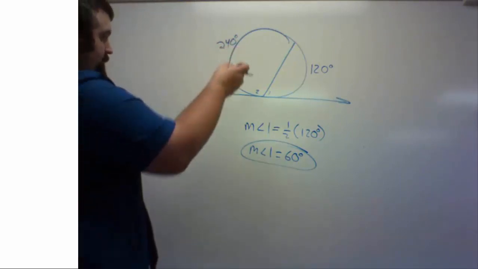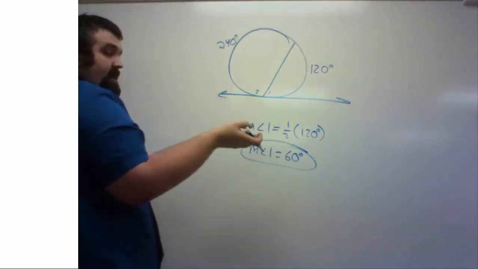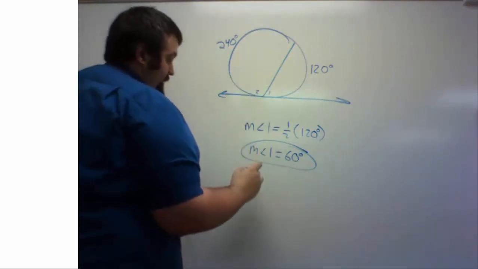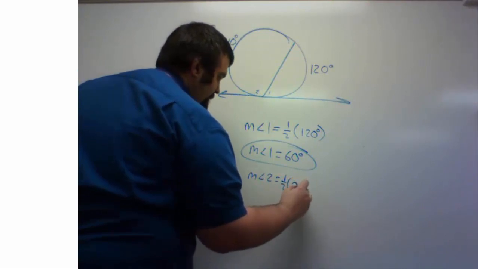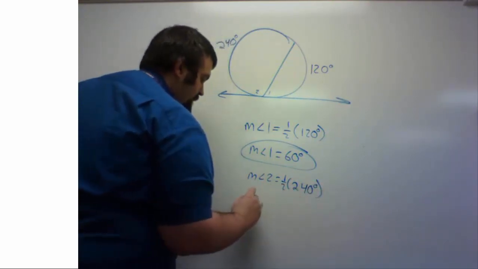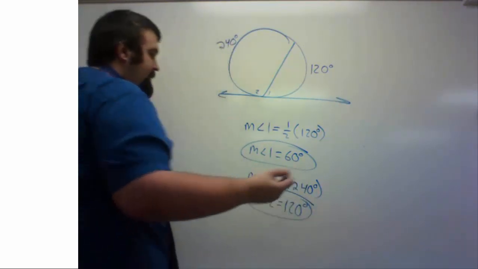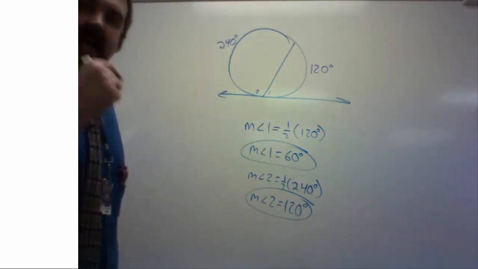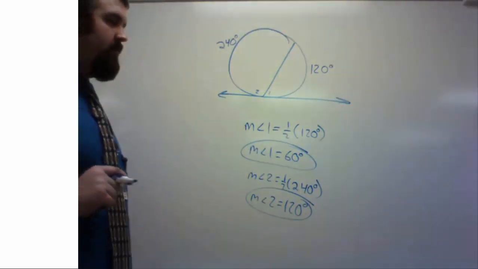Alright, angle 2 there. Its intercepted arc is 240, so according to that rule, the measure of angle 2 should be half of 240 degrees, because that's the intercepted arc. So measure of angle 2 is 120 degrees. Quick check: a tangent line is a straight line, and any angles that form a straight line have to add up to 180.